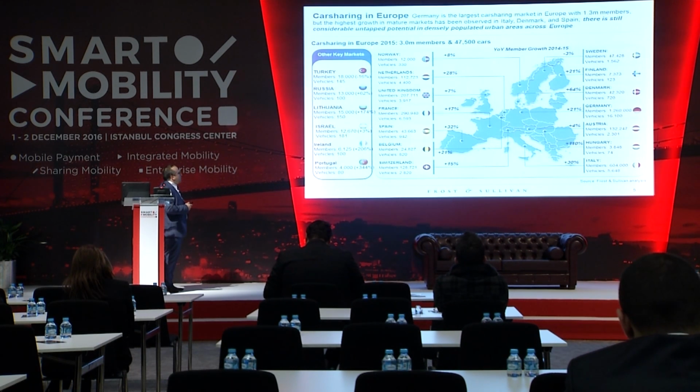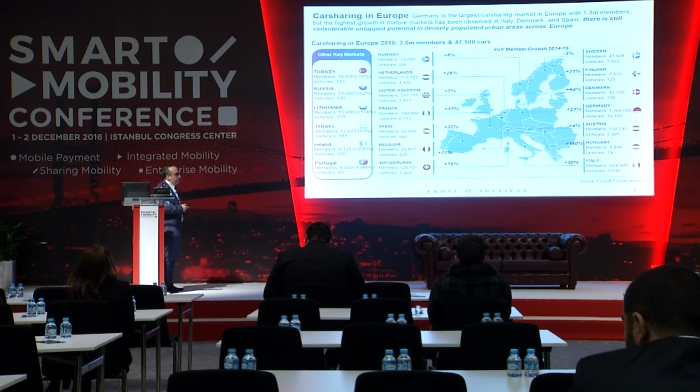The car sharing market in Europe has around 3 million members and around 47,000 cars. We are seeing that in almost all countries, car sharing is actively being used. Germany is the market leader with around 1.2 to 1.3 million members and 16,000 vehicles, and represents almost 40-45% of the total car sharing market.